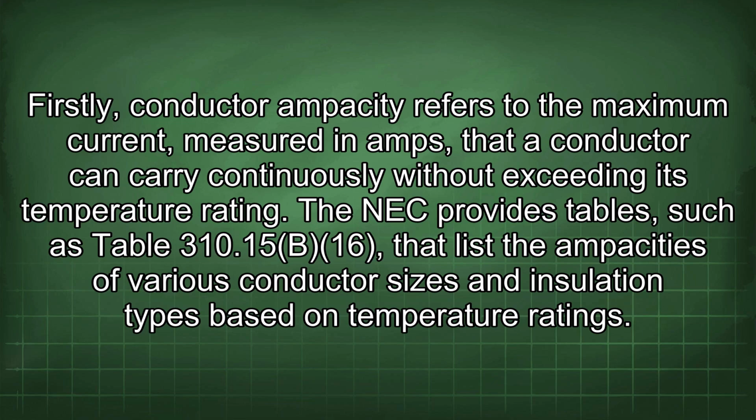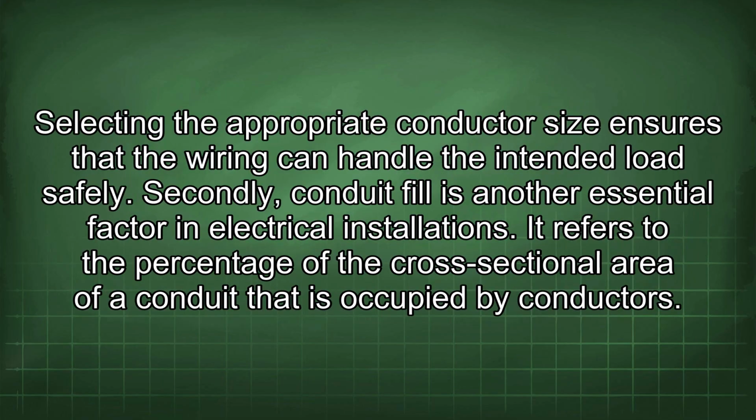The NEC provides tables, such as Table 310.15(B)(16), that list the ampacities of various conductor sizes and insulation types based on temperature ratings. Selecting the appropriate conductor size ensures that the wiring can handle the intended load safely.